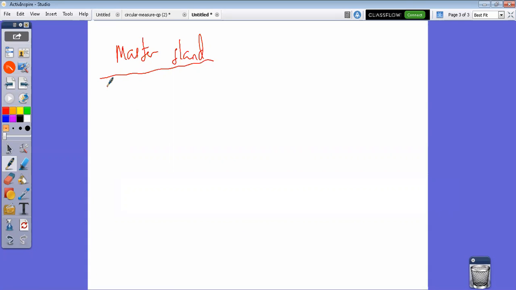So you need to know glands and their positions. Clear?